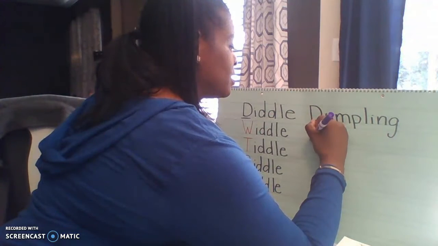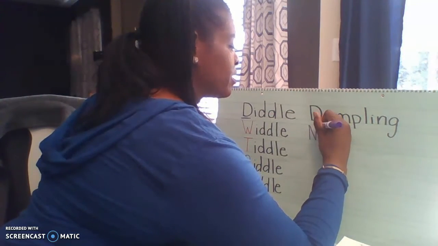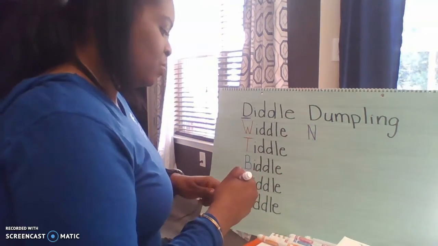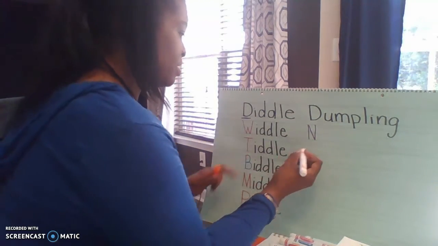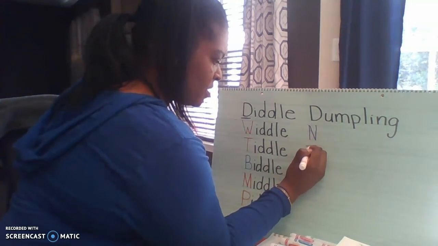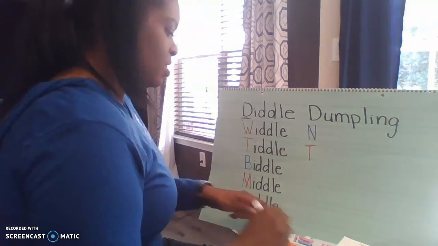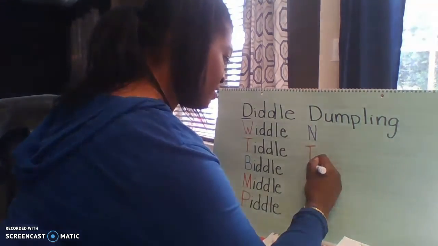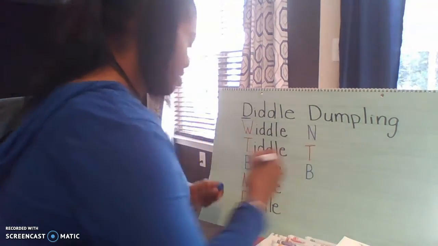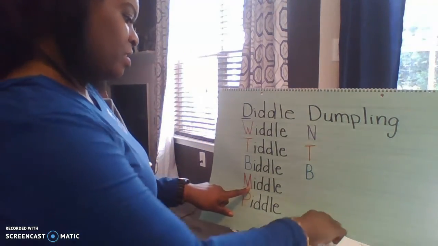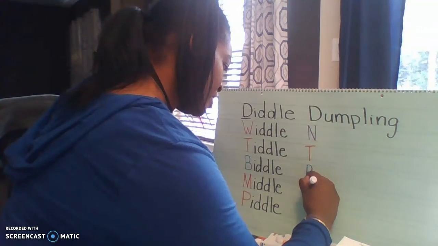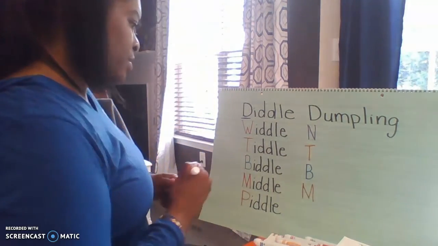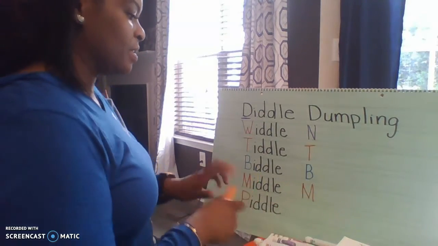So this is the letter N, and we're going to do the letter T, the letter B, the letter M, right for Miss McNair and Miss Morgan, and the letter P. Good job.